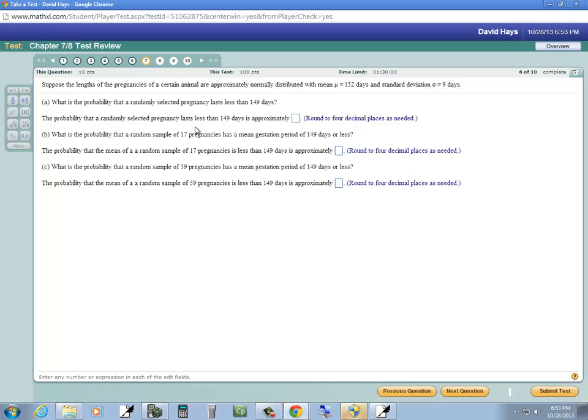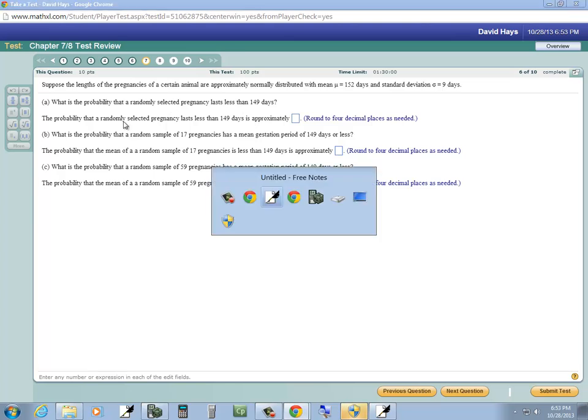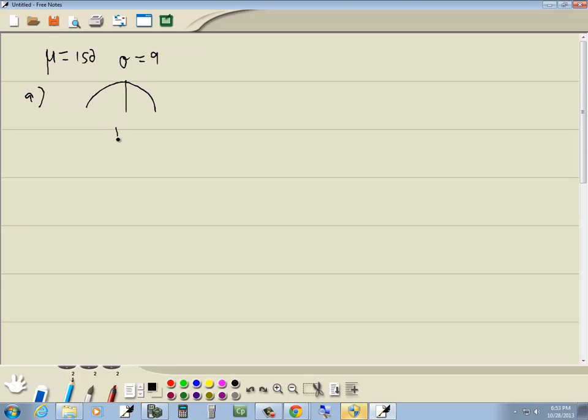Now A. What is the probability a randomly selected pregnancy lasts less than 149 days? Here's 149. Less than goes this direction, so this will be negative E99. Now this is just our normal CDF since it's a pregnancy. So we'll do normal CDF negative E99 comma 149 comma mean, which is 152, comma standard deviation, which is 9.